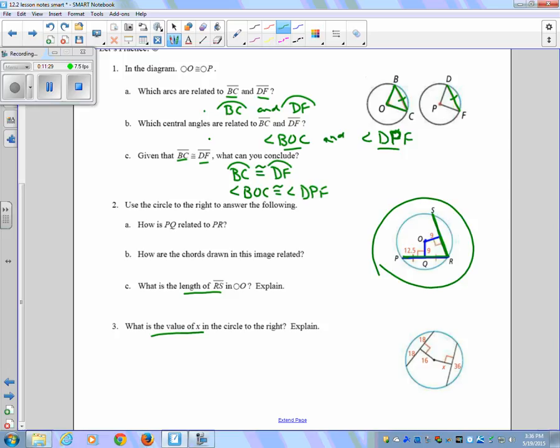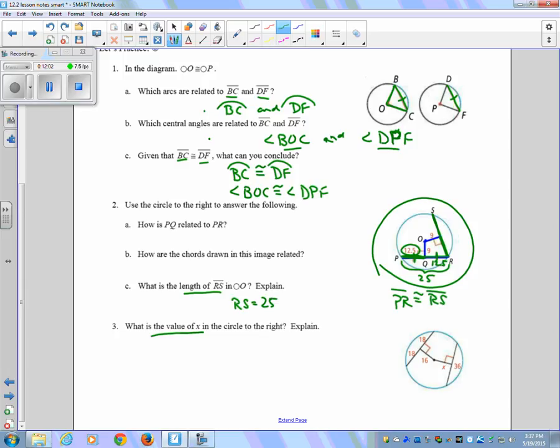They tell us that PQ is 12.5 and it's marked congruent to QR, so that must also be 12.5. So this whole chord must be 25, 12.5 plus 12.5. And if PR is 25, and we know it's congruent to RS because it's equidistant from the center, then RS has to equal 25 as well.